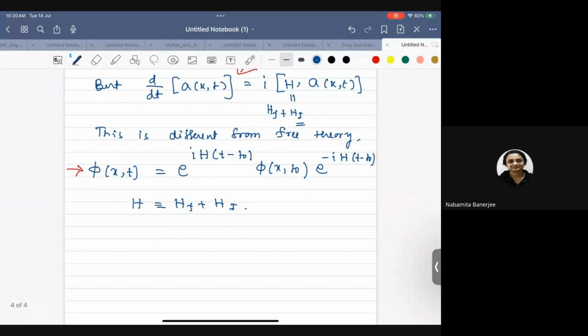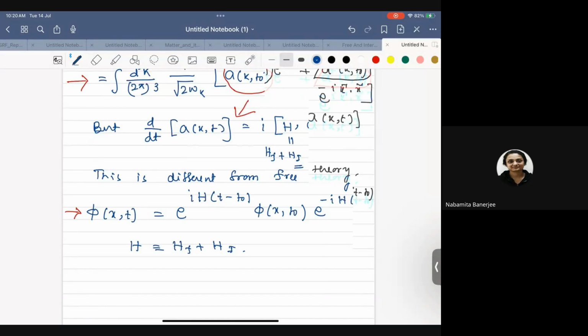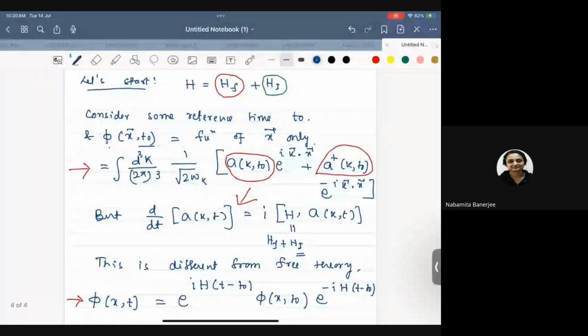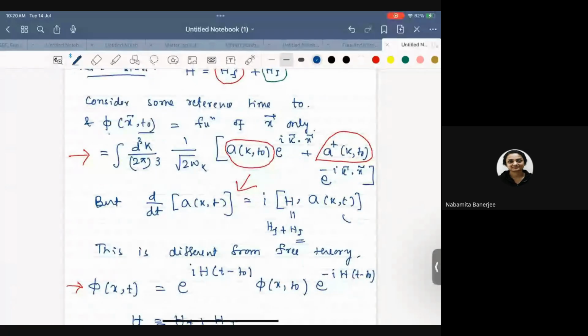But so far, I'm just telling you about the subtleties. If I just stop at this line, I really cannot do anything, right? Because it completely depends on what my H interaction is. Otherwise, I have no hold on this equation. And of course, I'm sure you would agree that we do not want to write theories for every interacting Hamiltonian.